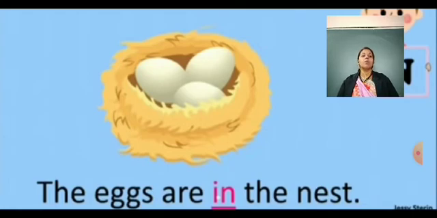So in a sentence, what can you write? You can write, the eggs are in the nest. You can see that these 3 eggs are kept in the nest. So, here you can use the preposition in.